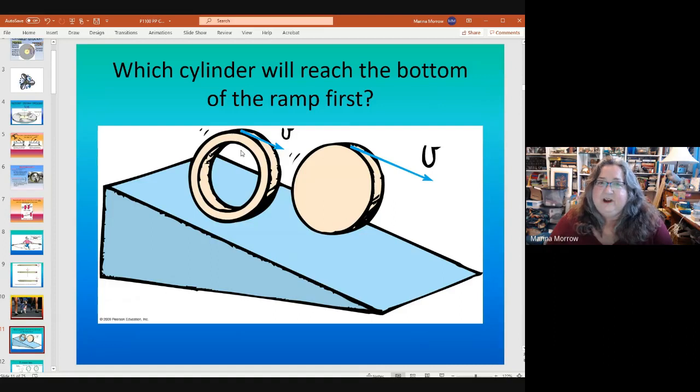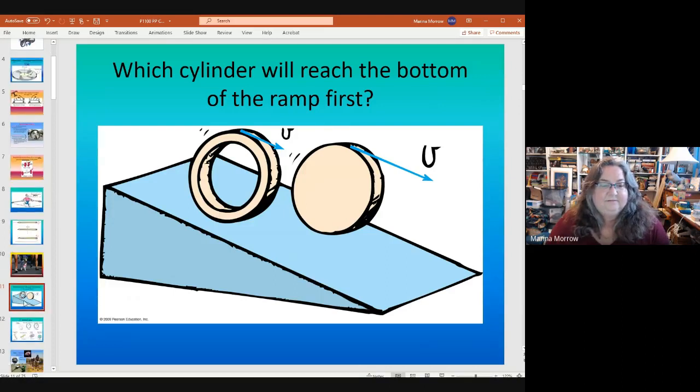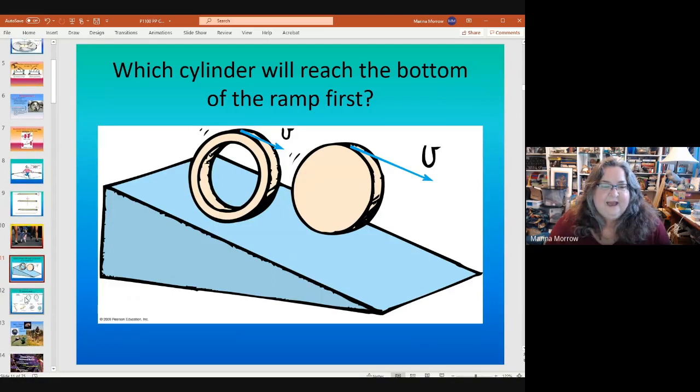Now, when those start from the same point, even if they have the same mass and the same radius, one of them will reach the bottom first. Normally I would do this demo in the classroom, but you can try it yourself with a spool of tape and a ball and see which one reaches first. Even if they're not the same mass, it turns out to still work.